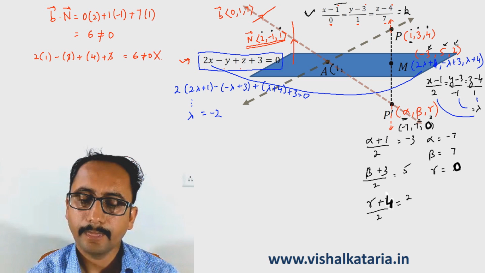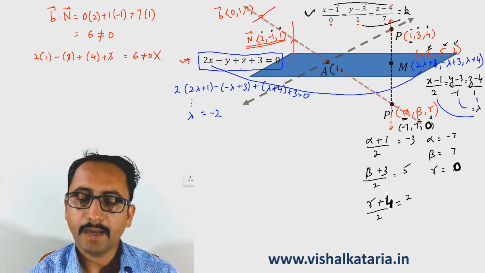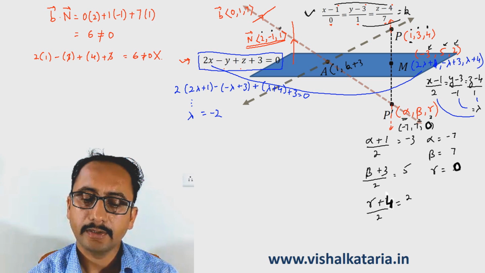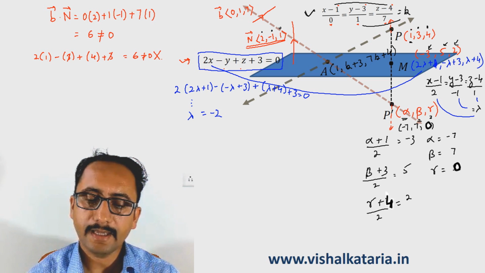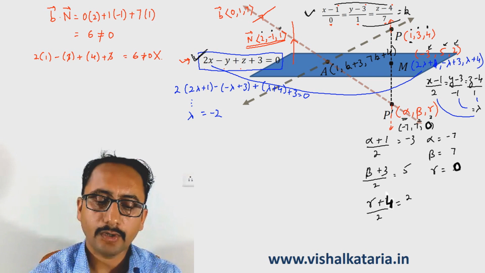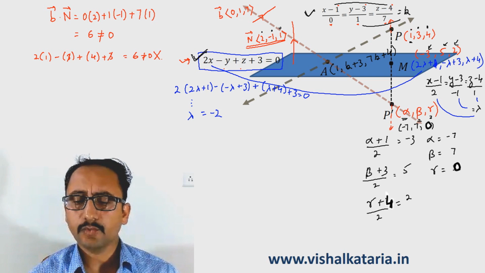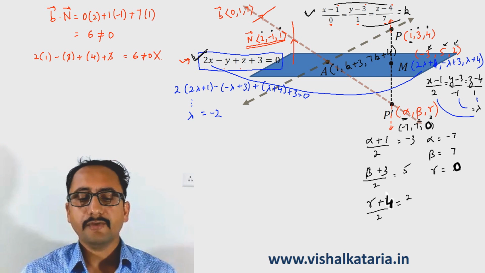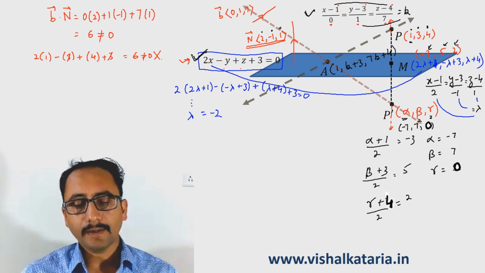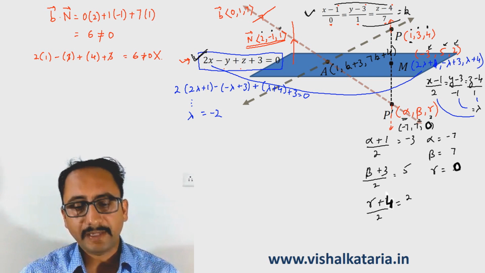If I equate these two, I will get y equals k plus 3 and z equals 7k plus 4. Now again, this point lies on the plane. This point should also satisfy the equation of the plane.